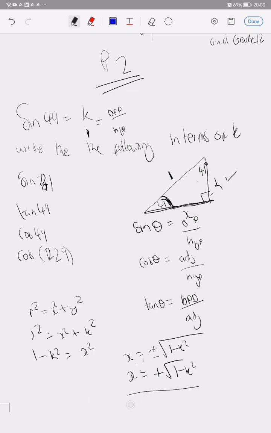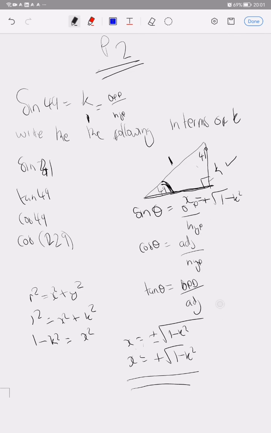Make sure that you know the y value, the x value, and the radius every time. Now I already have the x, which is just a positive square root of 1 minus k squared. From there we can start solving the problems.